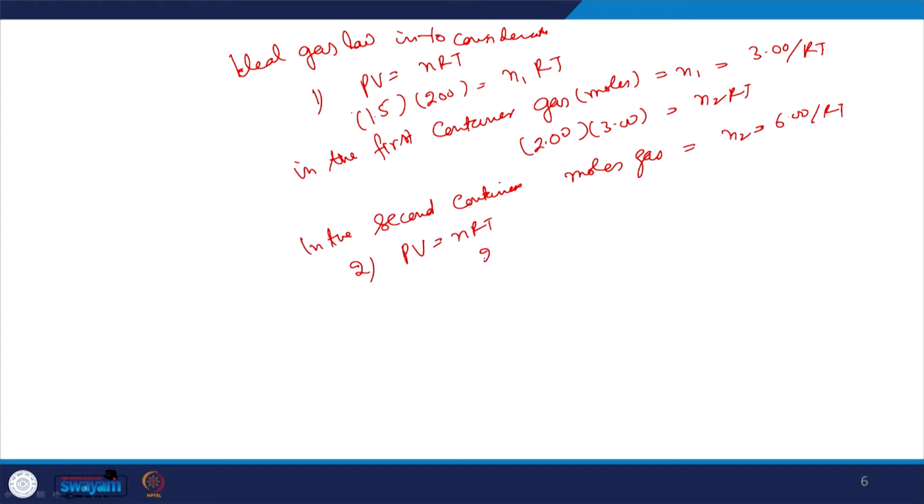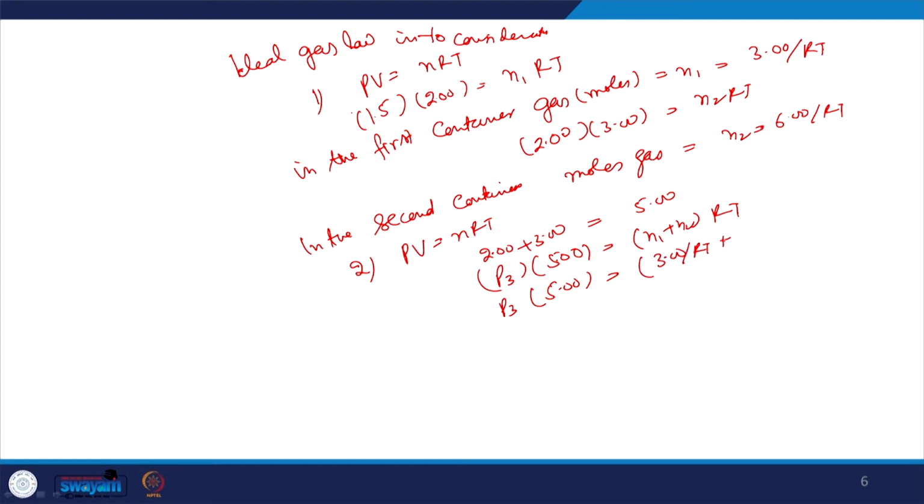So, the total volume 2.00 plus 3.00 is equal to 5.0, and P3 into 5.00 is equal to N1 plus N2 times RT. So P3 into 5.0 is 3.00 upon RT plus 6.00 over RT, times RT, and P3 is 5.0 into 9.00, so P3 comes out to be 9.00 upon 5.00, and that is 1.80 atmosphere.